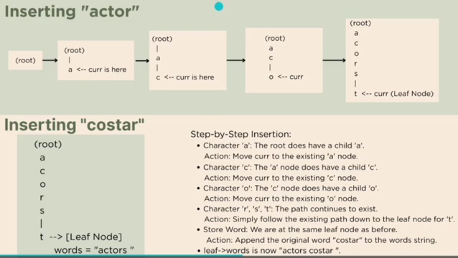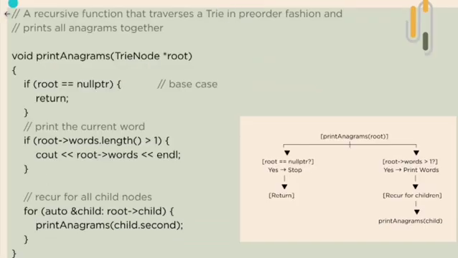actor and coaster. In this part of code, we have the print anagram function, which recursively traverses the tree in pre-order and prints all anagrams together. First, we check the base case. If the current node is a null pointer, we stop and return.